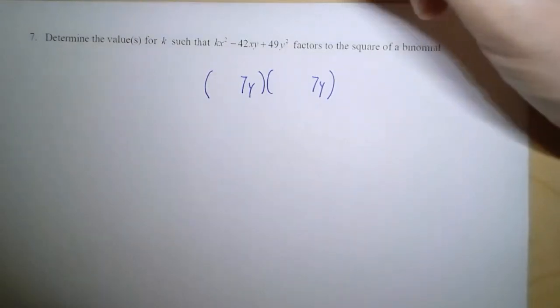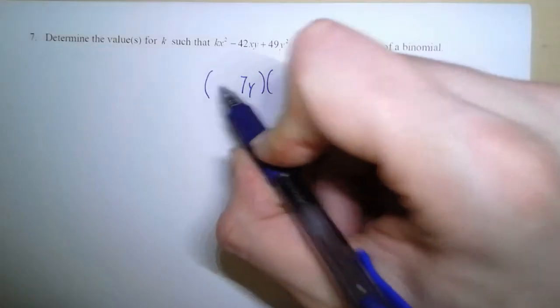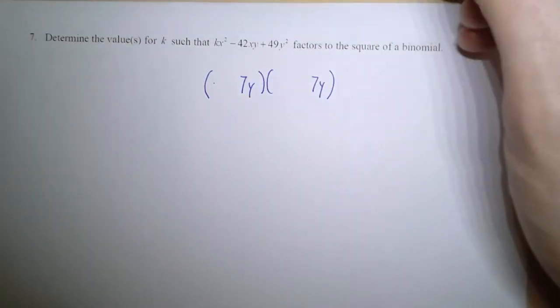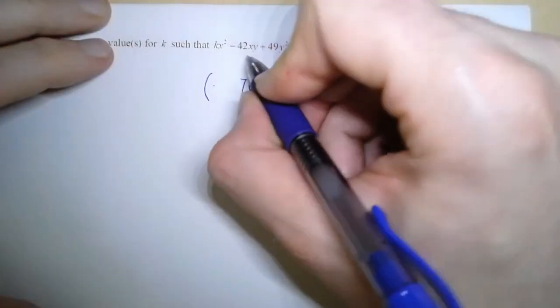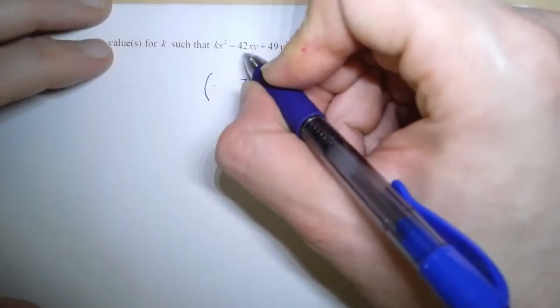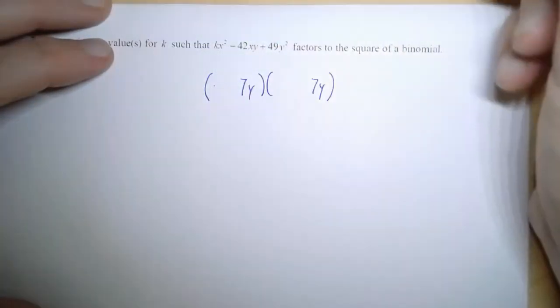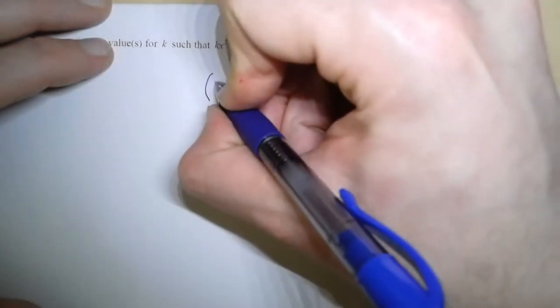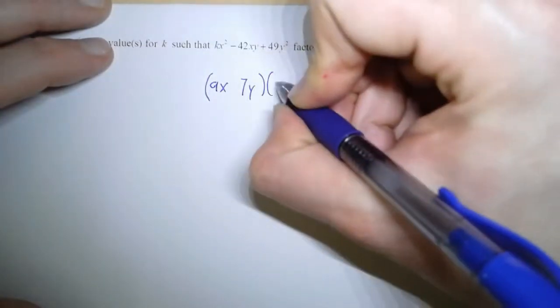Now, we don't know what these values are yet. But what we do know is that when we expand this out, when we FOIL it, our middle term has to be 42xy. So that means we have to have a number a times x.